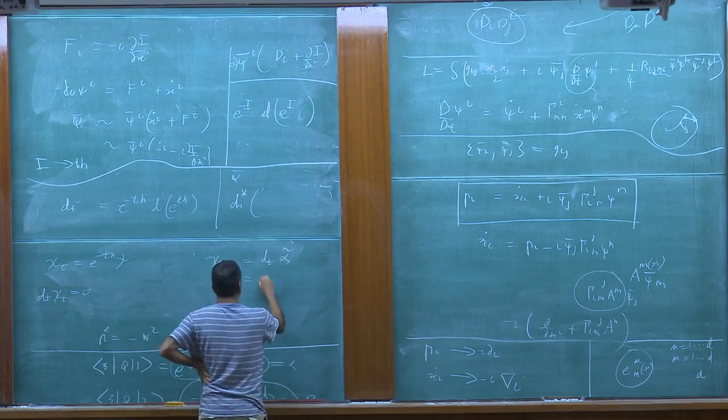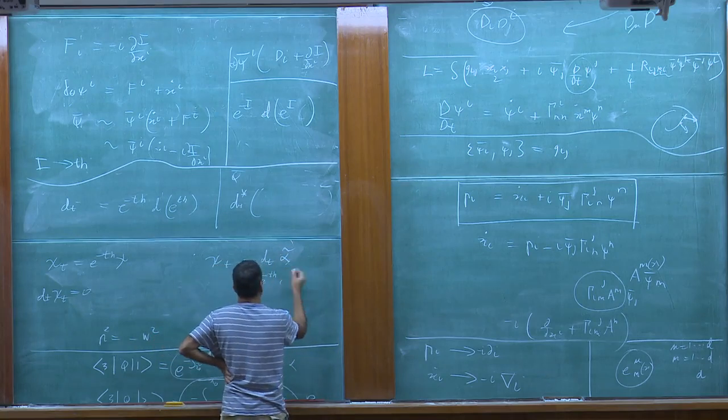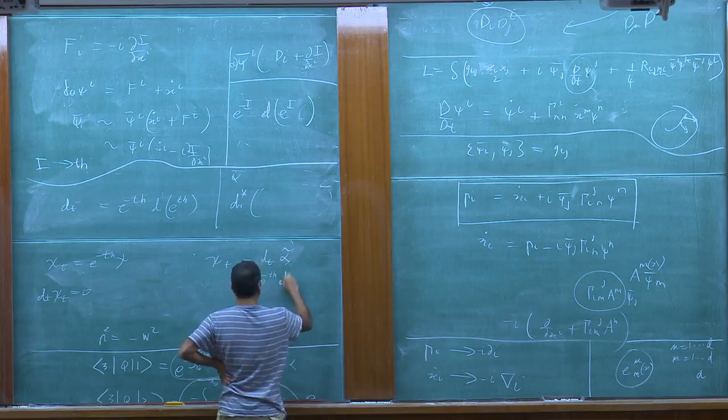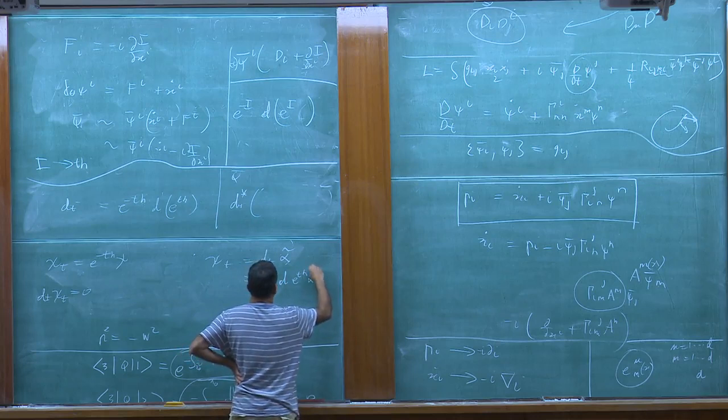Okay. So this is e to the power minus th by definition times d of e to the power th of alpha tilde.